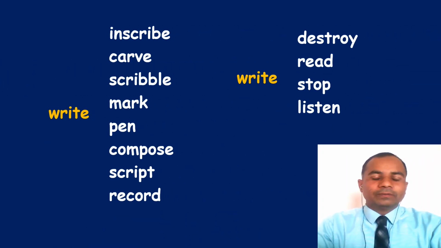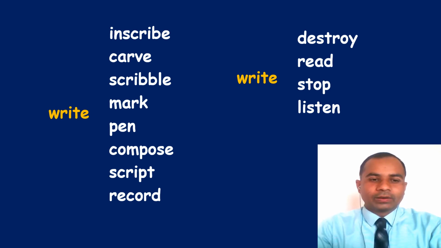Let us begin. At the very outset, I have just selected two kinds of pairs here. You will see, first of all, we will see "write", and in the column against it, we have the words like inscribe, carve, scribble, mark, pen, compose, script and record.